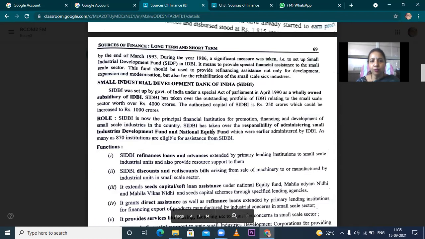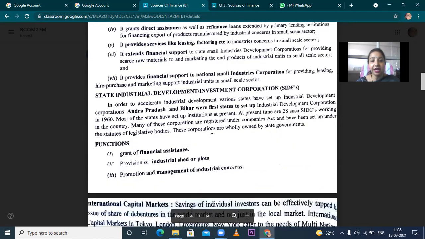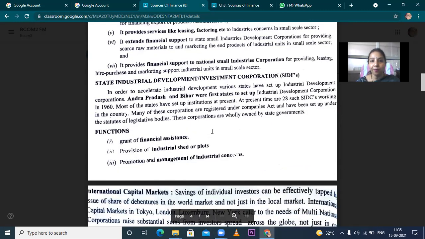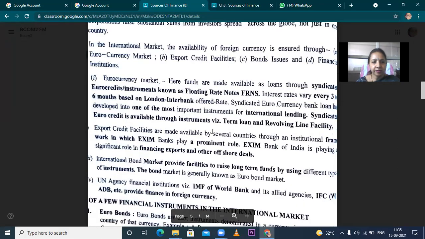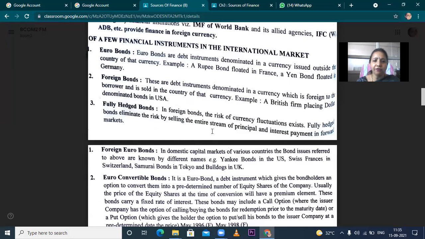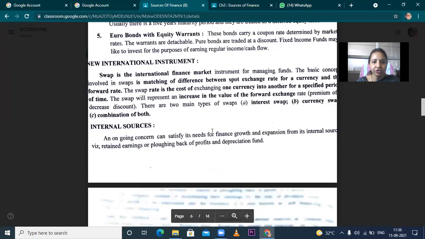For the development of small industries, Small Industrial Development Bank of India helps you generate finances. Some explanation like State Industrial Development Investment Corporation is there to help you get finances. So these are various sources of finance from where you can generate finances for your company or your new ventures.